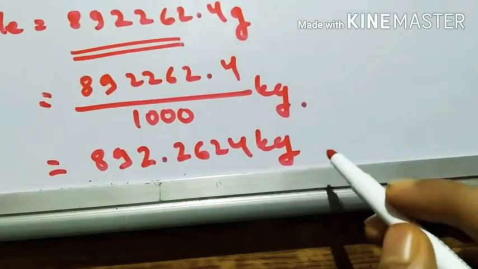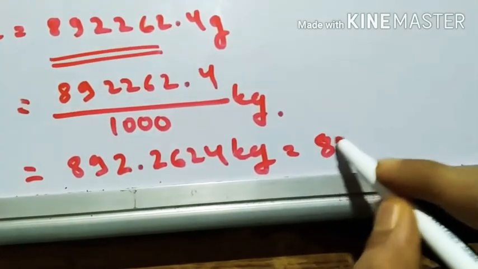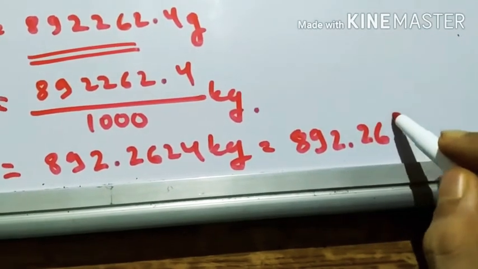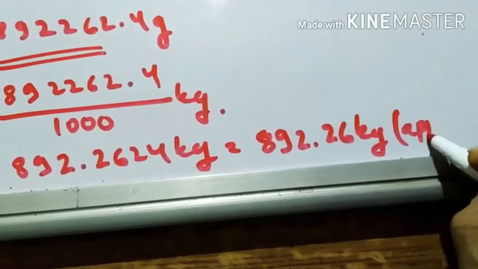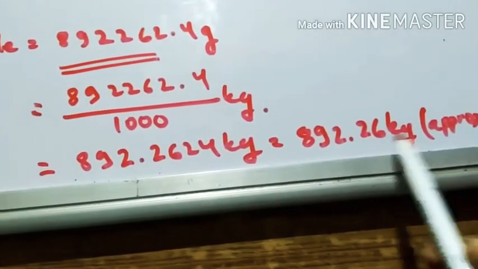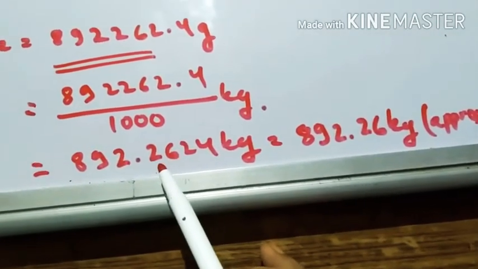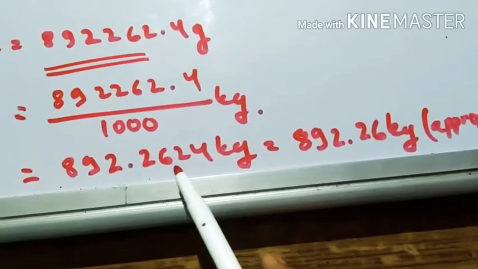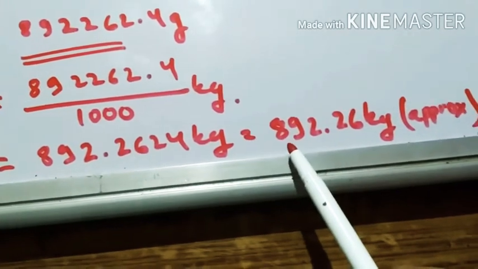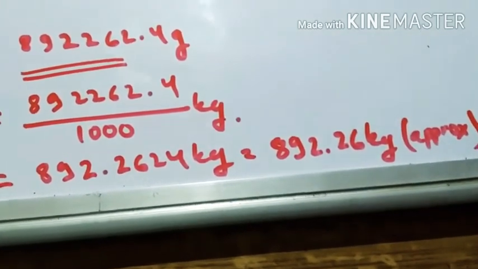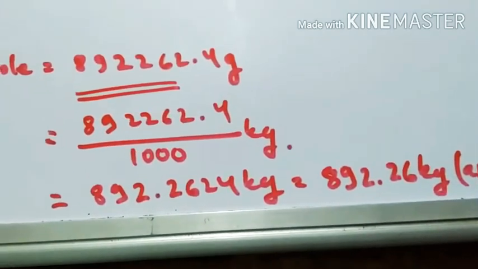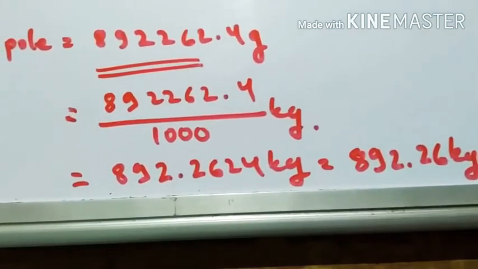You can write 892.26 kg approx, the approximate value. You can round off at the hundredth place. After 2 there is 2, so it will remain 6 only, therefore 892.26 kg approx will be the answer.